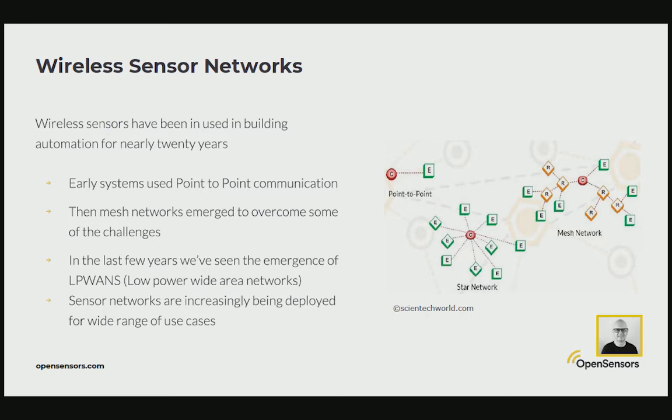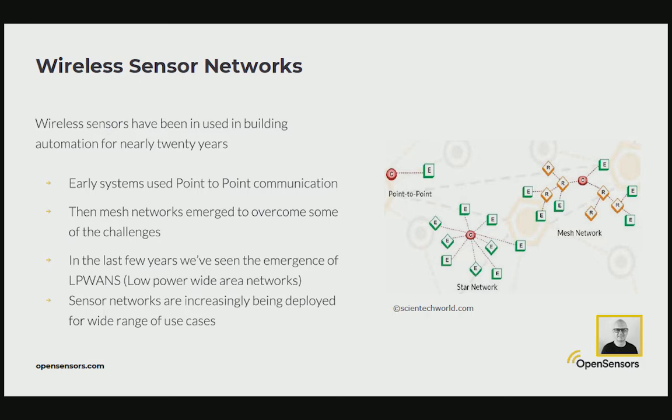They typically used a very simple point-to-point solution. About 10 years ago, we saw the emergence of mesh networks, which were designed to overcome the range issue you have when using RF communication inside a built environment. And then about 3 to 4 years ago, we started to see the emergence of a technology called LPWAN, which stands for Low Powered Wide Area Networks.